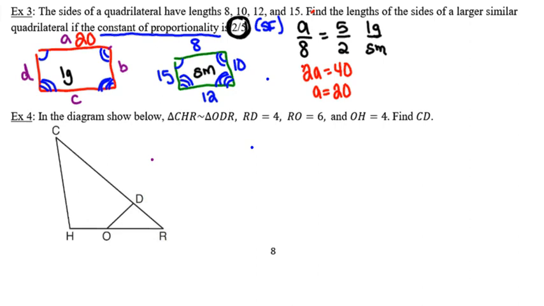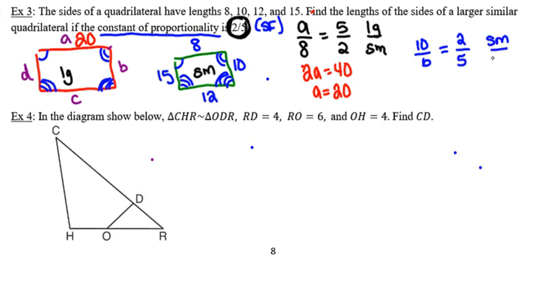And I'm going to do the same thing. This time maybe I'll compare 10 to B, but now I'm comparing smaller to large. So when I go to write my scale factor, instead of writing 5 over 2, which would be large to small, I'm going to write 2 over 5.